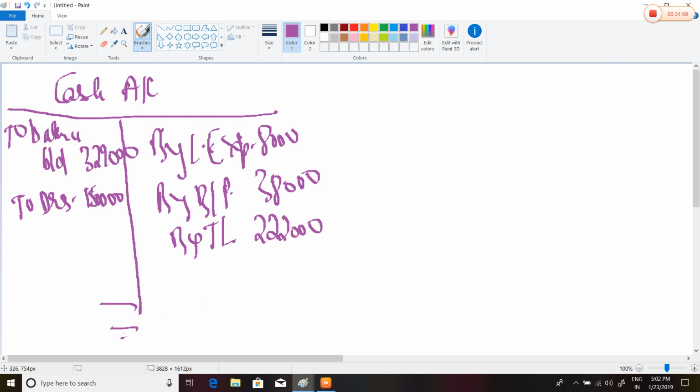Now we will not do anything here for the time being. Now we'll make the equity shareholders account.